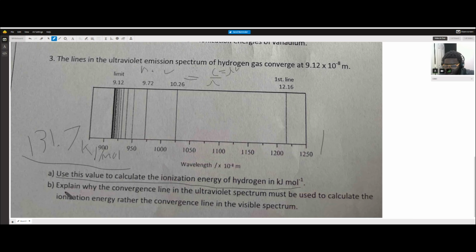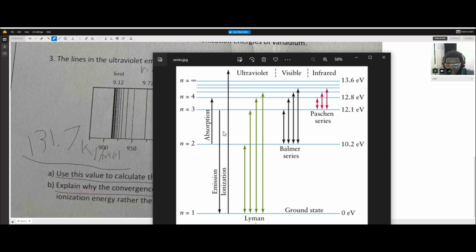But when you're asked to explain why the convergence line in the ultraviolet spectrum must be used to calculate the ionization energy rather than the convergence line in the visible spectrum, we can recall our diagram. Convergence lines are looking at a state close to your ground state.